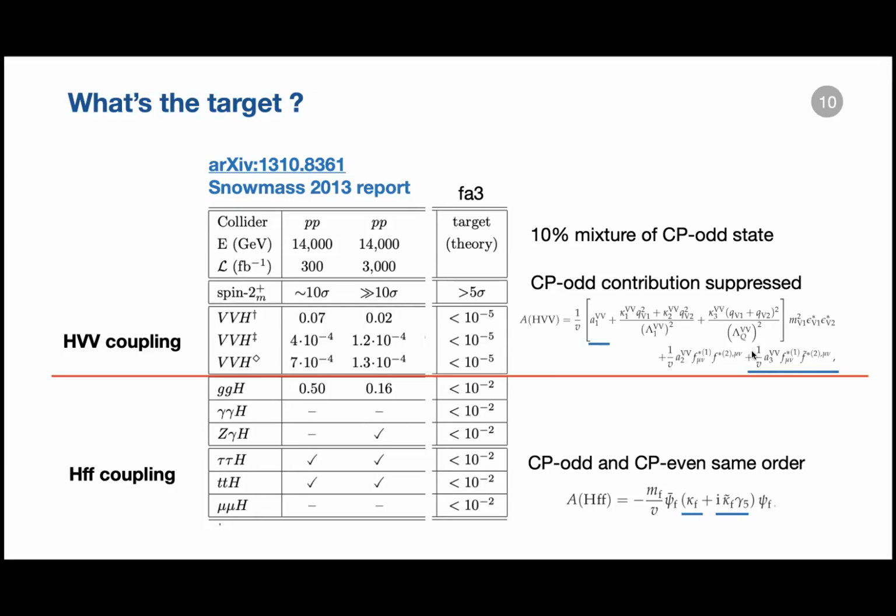On the other hand, for Higgs fermion couplings, CP odd and CP even are at the same order, so the cross-sections are also at the same order. So you only need 10 to the minus 2% precision on the cross-section measurement. So it seems it's impossible to constrain the Higgs VV couplings at a scale of 10 to the minus 5.